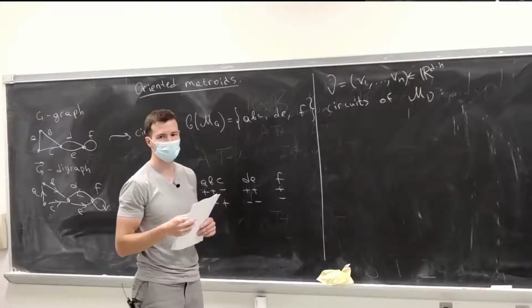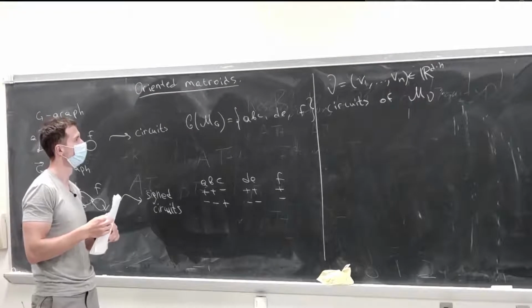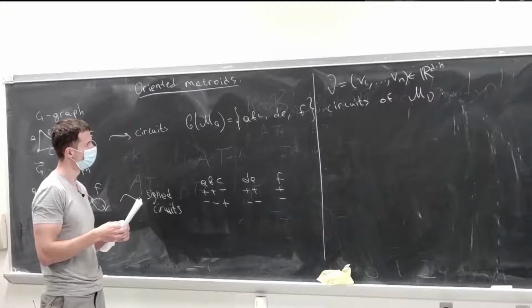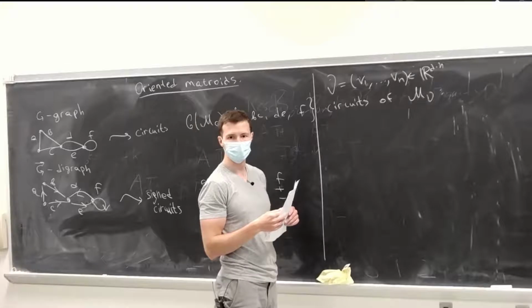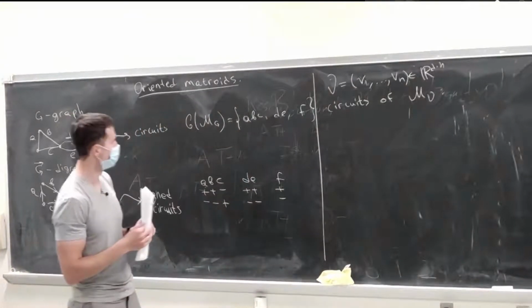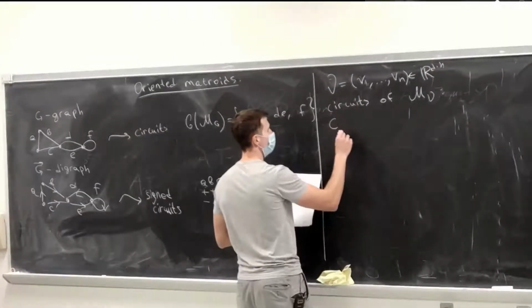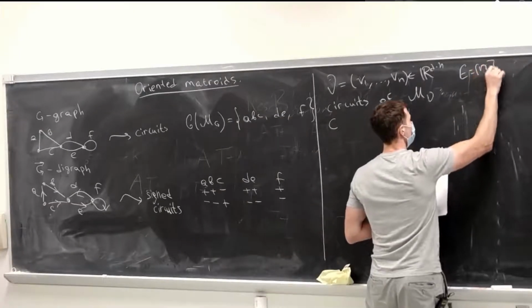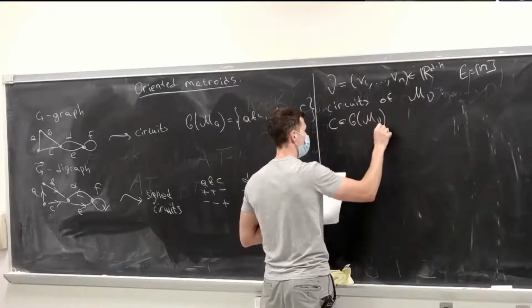By definition, what is a circuit of that? Yes, it's a minimal dependent set. So let's say the ground set E is just [n], and let's say C is a circuit of my usual matroid.